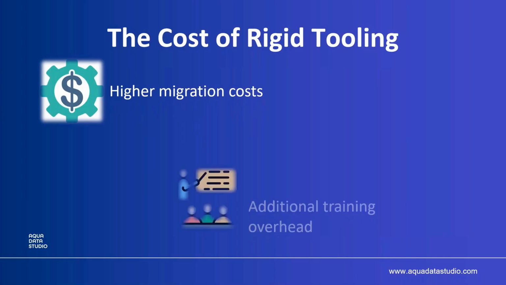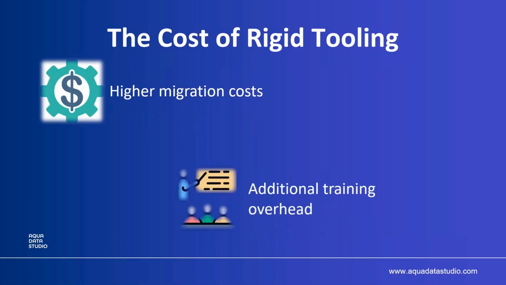They increase training costs because there are no natural skill paths to modern platforms. They increase operational overhead because you often need multiple tools to achieve what one unified tool used to do. And they increase risk because the timeline for change is controlled by your vendor.